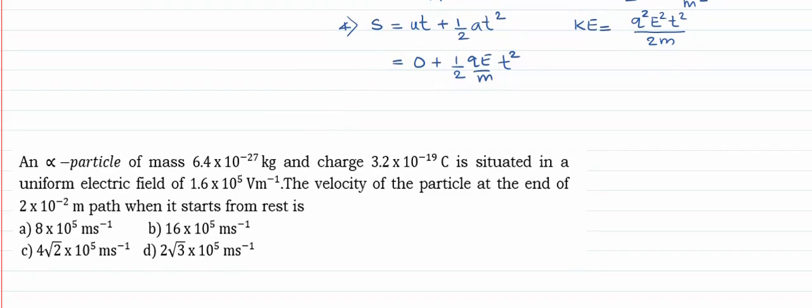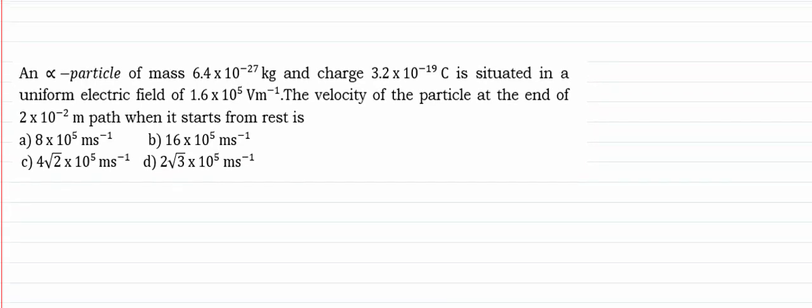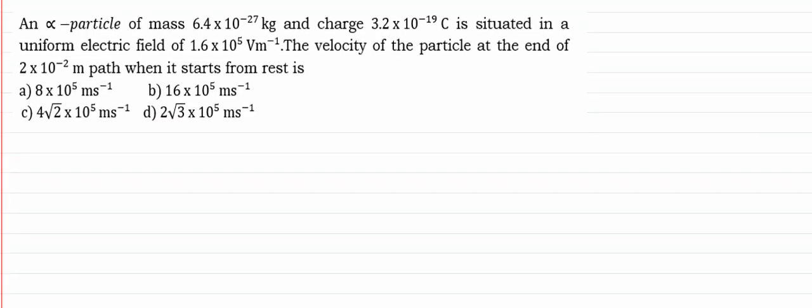Now the first MCQ, or first problem: an alpha particle of given mass and charge is situated in a uniform electric field. You are required to find the velocity of the particle at the end of the given distance, starting from rest, which means u is equal to 0.